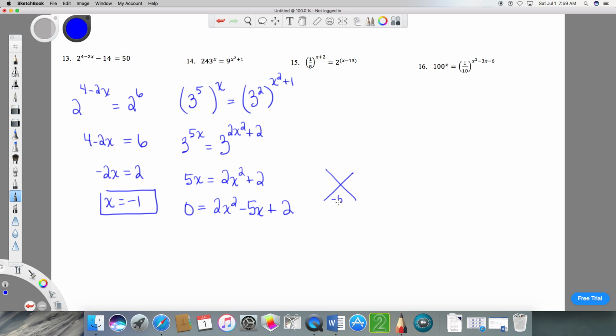The middle term is -5x, and the first term times the last term is 4x squared. So if we take a -4x times a -1x, we get the top value. But if we add these, we get the bottom value. If we put this information in the form of a table, it helps us just organize the problem to apply the distributive property to make sure that we factor it correctly.